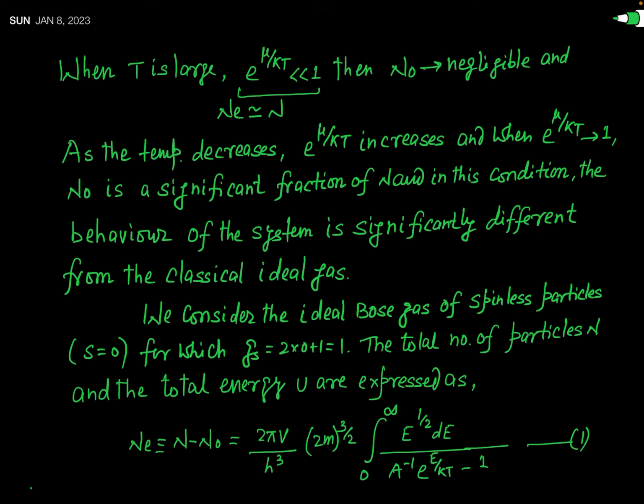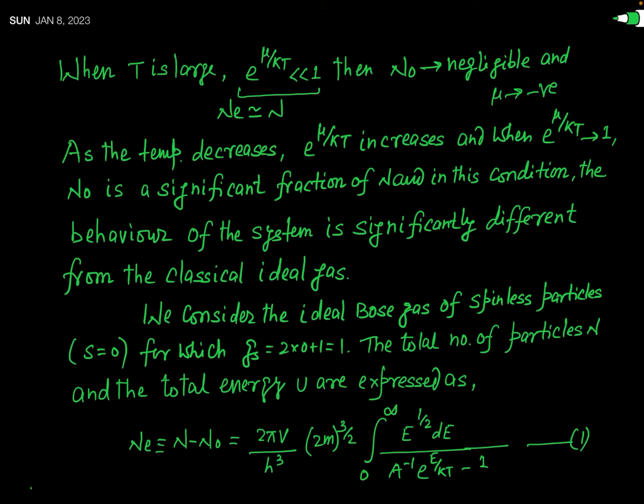As you know, mu, the chemical potential of the gas, is always negative for a Bose gas. So e to the power mu by kT is definitely smaller than 1.